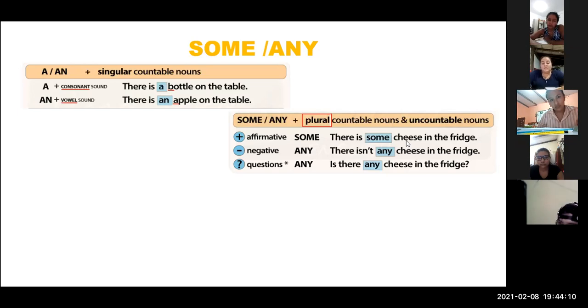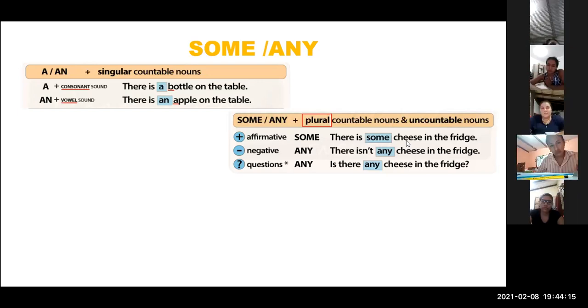There are some candies on the table. Okay, could be. In some grammar exercises, they use candy as uncountable.